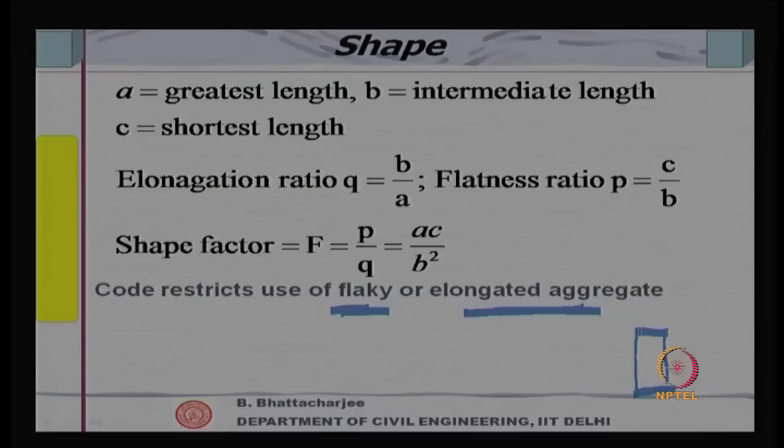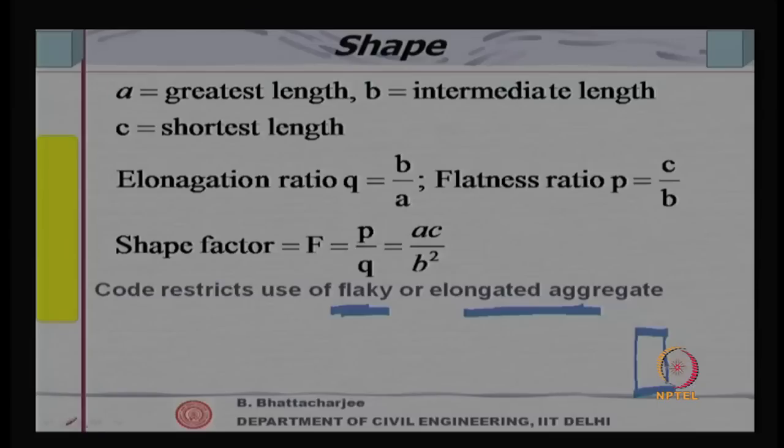Flaky aggregates, if you put them together, one plate over another, will tend to create weak joints in between. We want the aggregate to be randomly embedded in paste. Here one aggregate might be just over another aggregate, and weak planes could be created. So, flaky or elongated aggregates are not desirable.